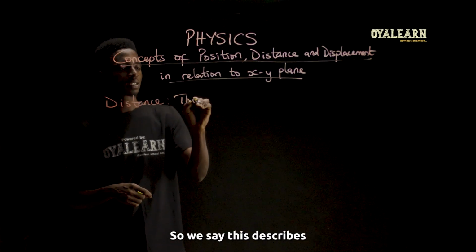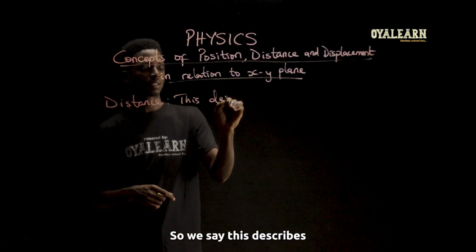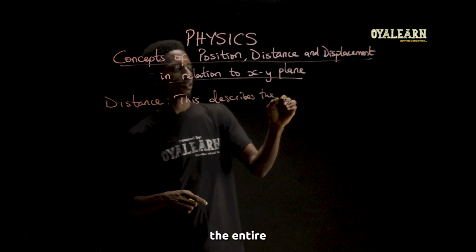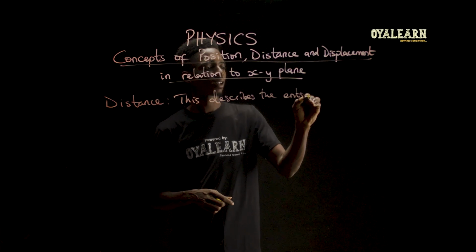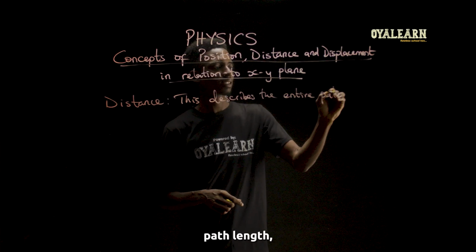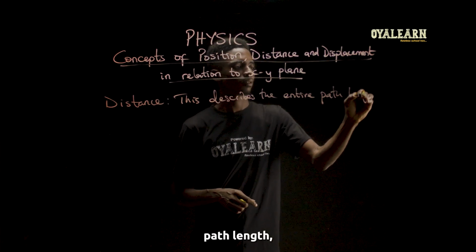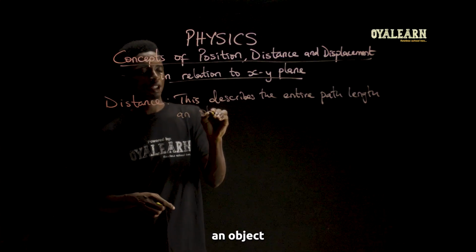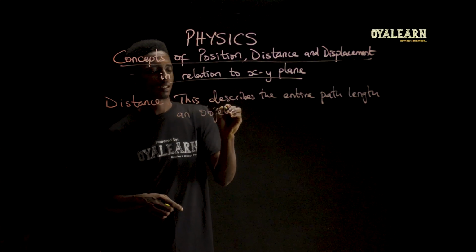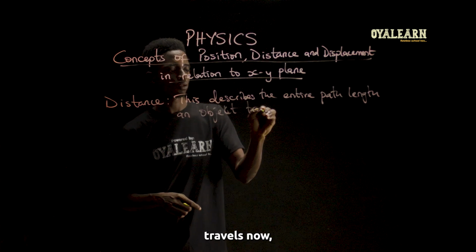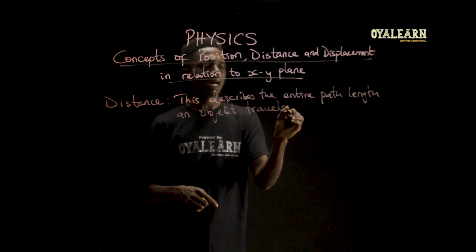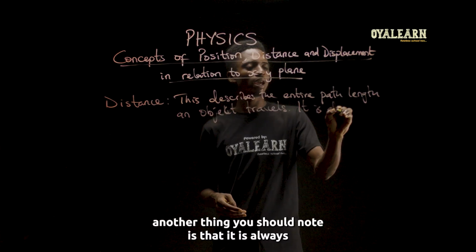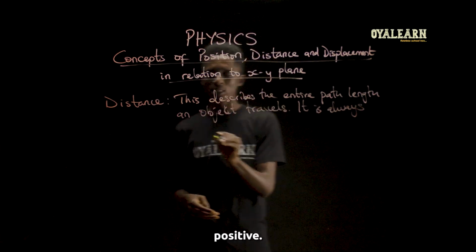So we say this describes the entire path length an object travels. Now, another thing you should note is that it is always positive.